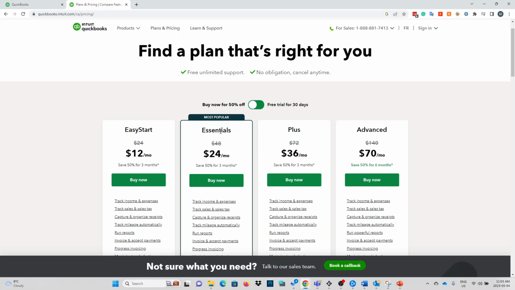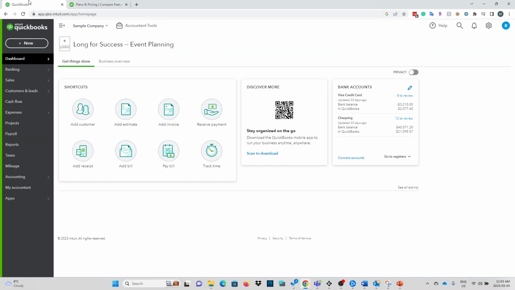Setting up the account is more important, and after you set up, there are certain things you cannot change, so it should be done properly. If you're not sure what to do, it is a good idea to have an accountant help you set it up.